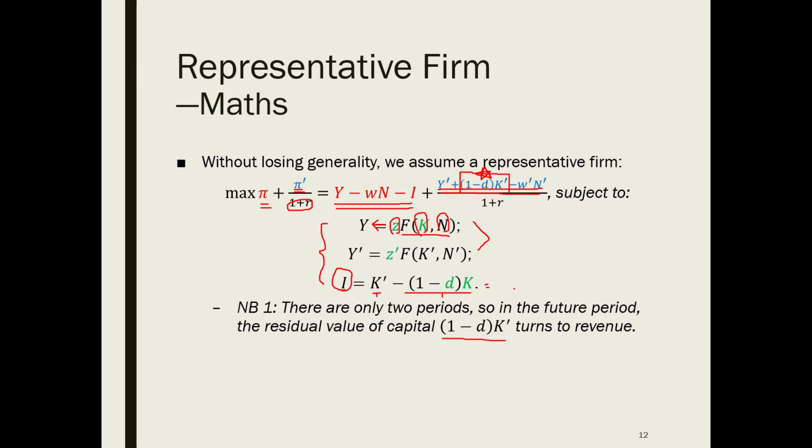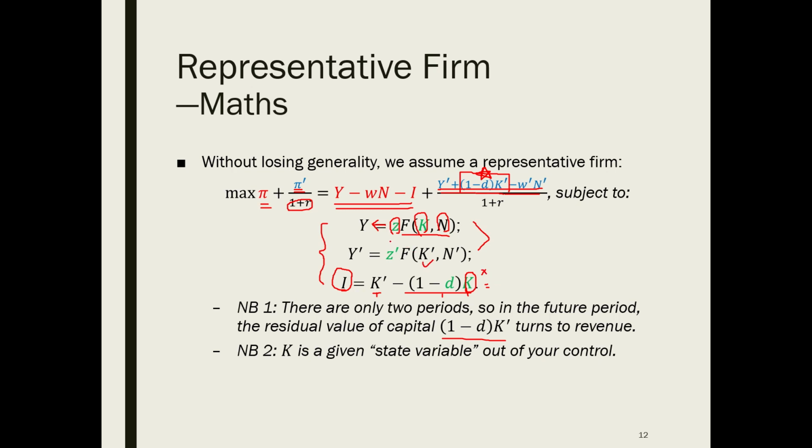In a model with infinite periods, the residual value of capital does not turn into revenue because it will be carried over to the next period for production forever. Also notice that the capital stock in the current period, K, is a given state variable, which is not under your control. We can only change the capital stock K prime in the future, not the capital stock today.